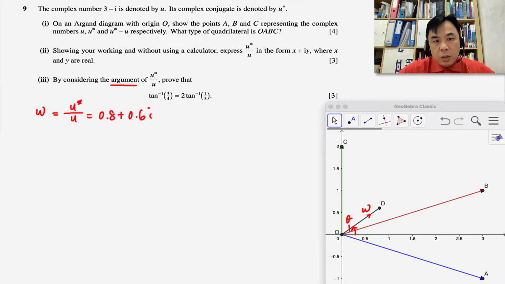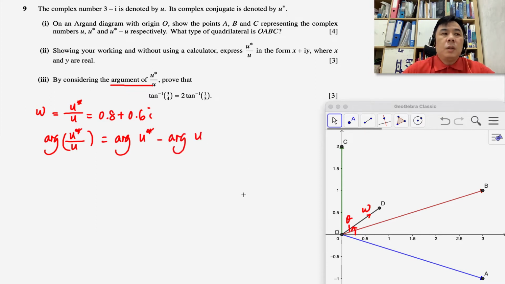If you are interested in investigating the arguments of complex numbers, there is a property stating that the argument of this ratio is the same as the argument of u star subtract off the argument of u. Where does this actually come from? Here I briefly show you a very simple idea behind how this property is derived.